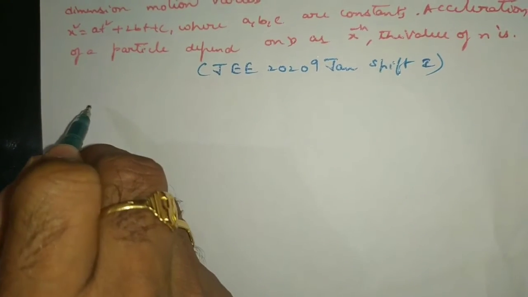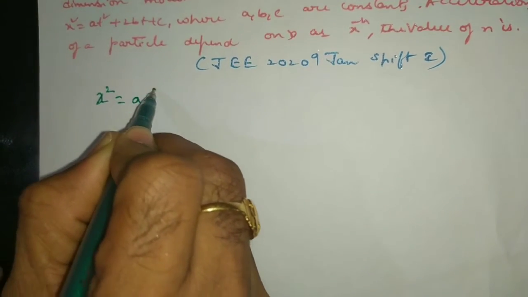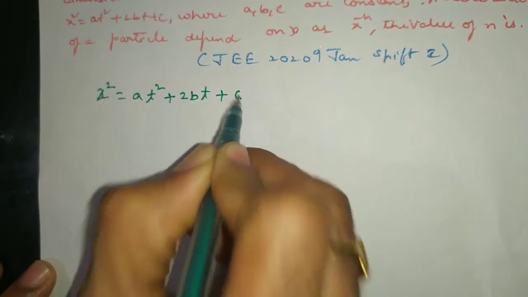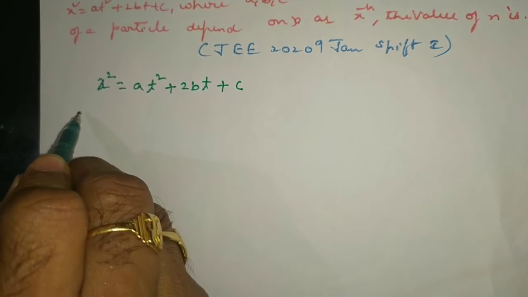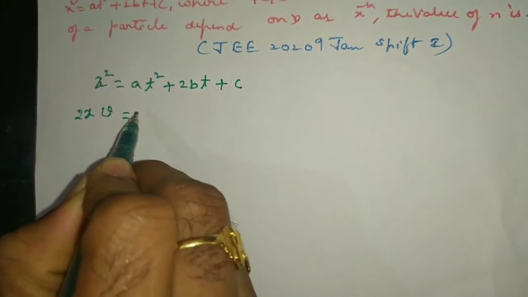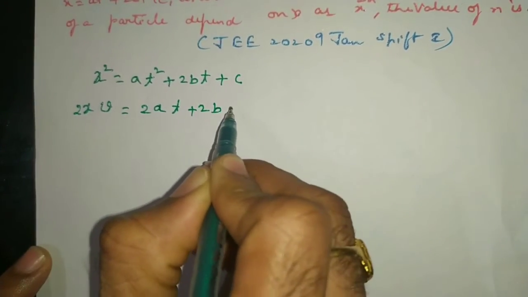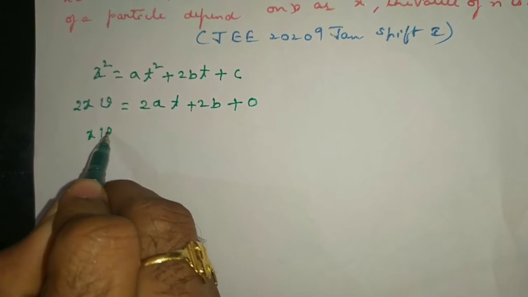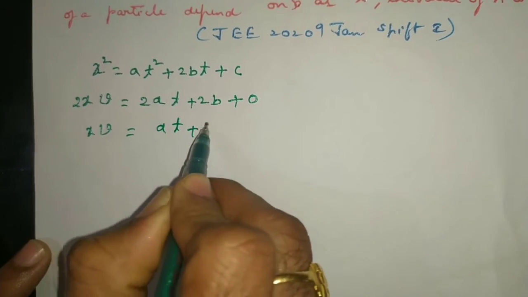Let us consider the given expression: x square is equal to a t square plus 2 b t plus c. Differentiating with respect to time, 2x into dx by dt, that is v, is equal to 2at plus 2b plus 0. The 2 gets cancelled, so x v is equal to a t plus b.